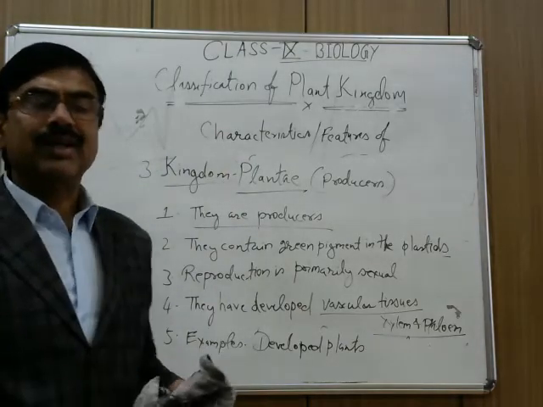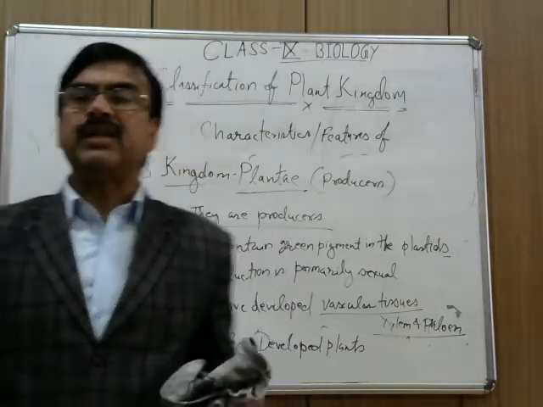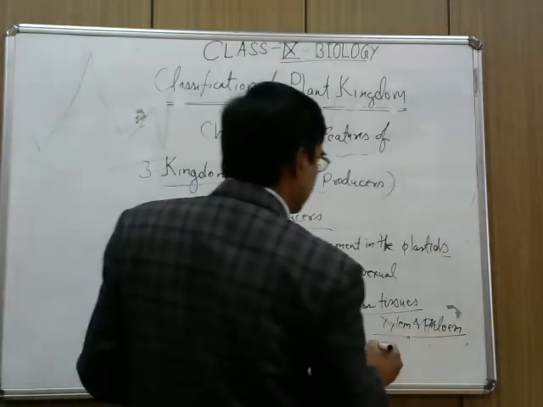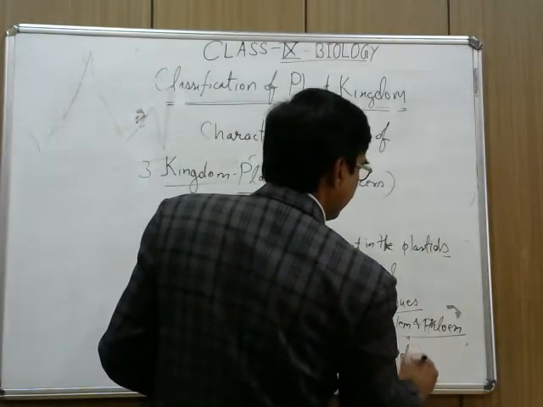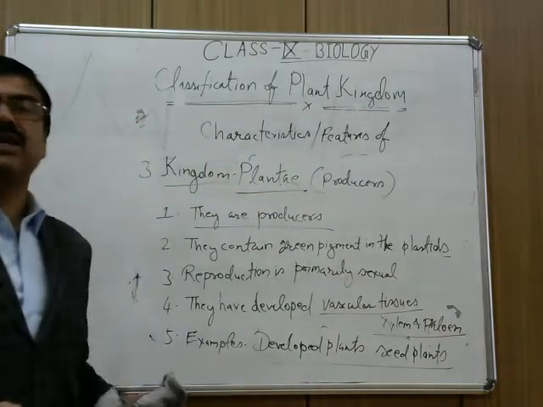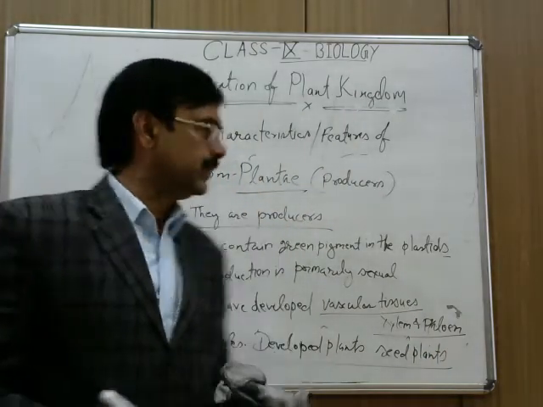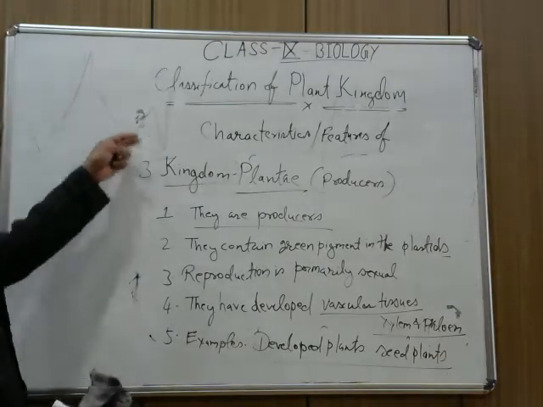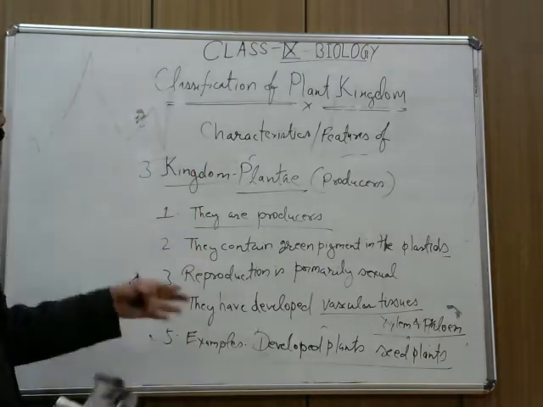All plants you can keep here: ferns and seed plants. There are many examples of these developed plants. You need not write all of these. So when you are writing the characters, you have to see these. Number 4.